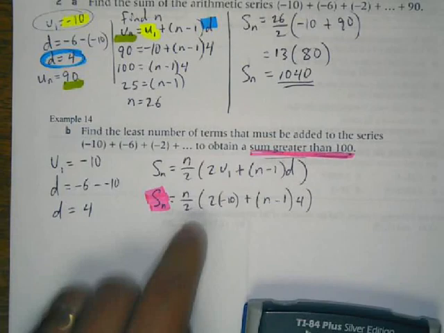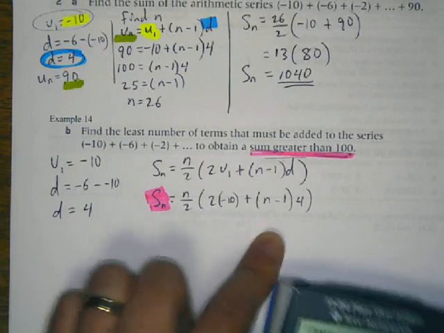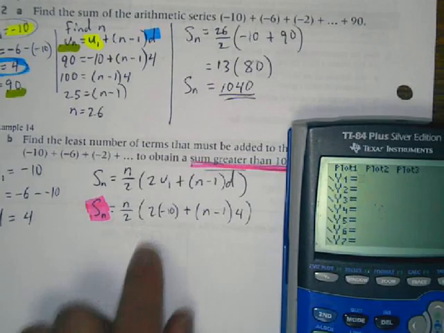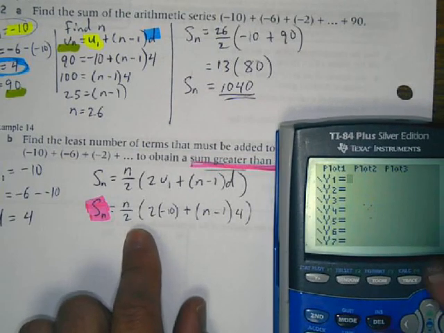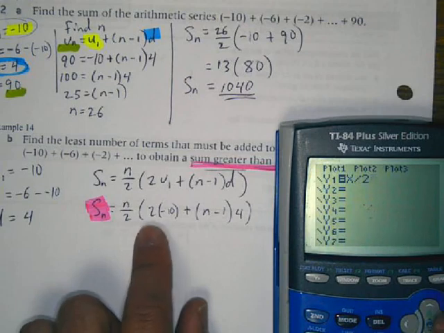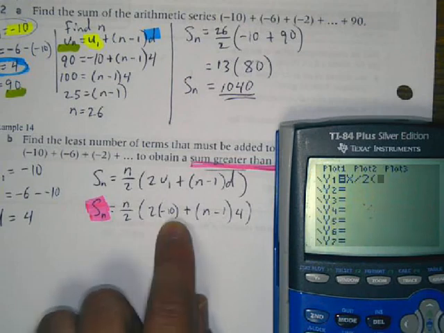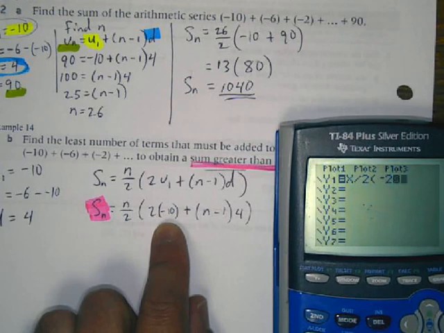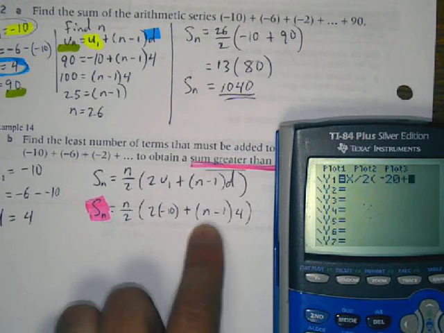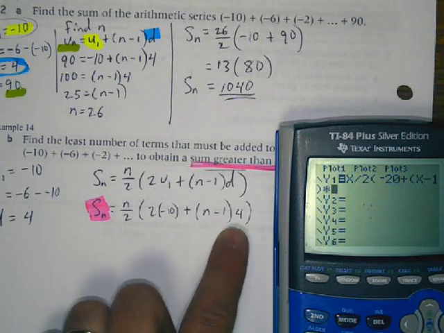So let's type this equation as it is. We don't even need to simplify it or anything. So I've got x divided by 2, parentheses, well, 2 times negative 10 is negative 20, plus parentheses, x minus 1, close parentheses, and then times 4, close parentheses.